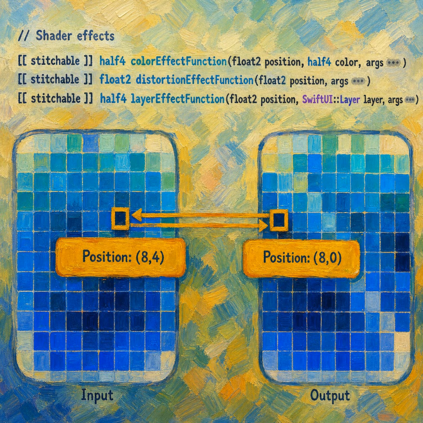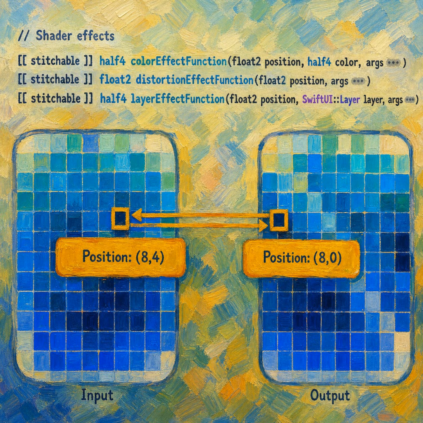And layer effect is the more flexible one, because it lets you sample nearby pixels from the rendered layer. That extra sampling ability matters a lot, because once you can look around the current pixel, you can build things like blur, warping, and more custom image behavior. In the example, distortion effect makes sense for a simple offset, but layer effect wins in the end, because it gives more room to do something richer.